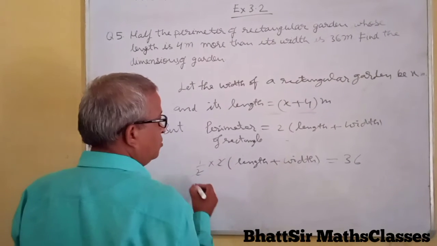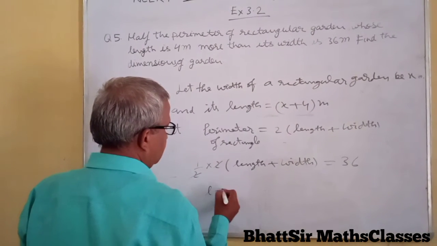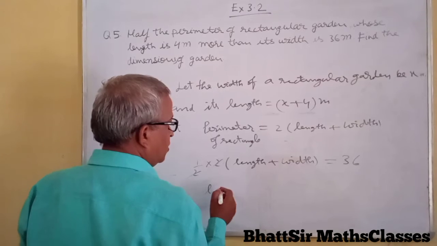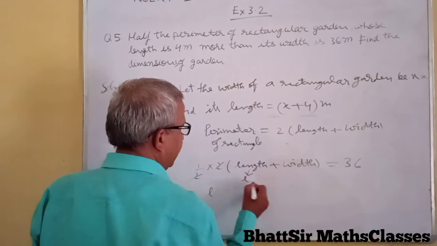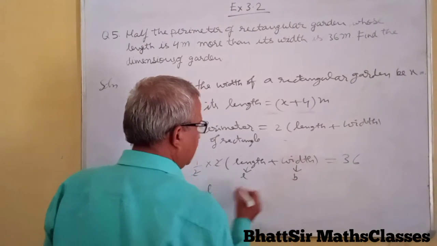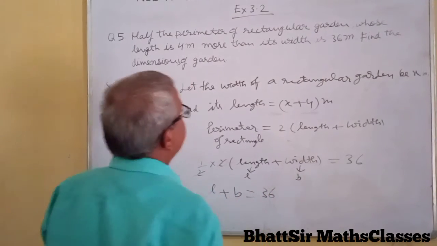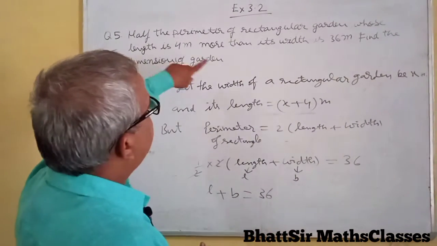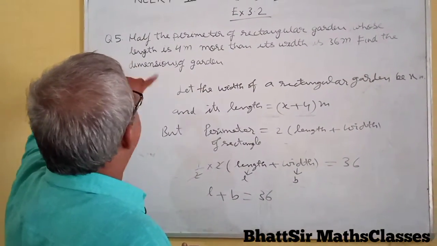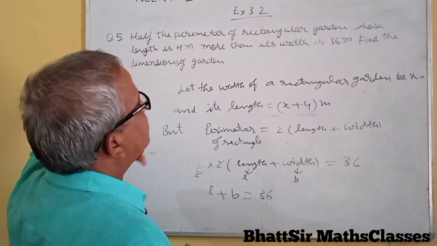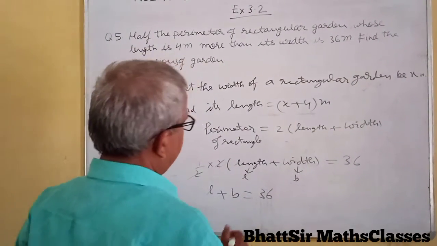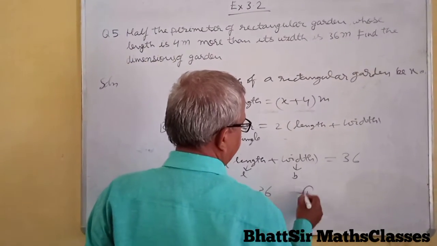So 2 cancels out. Length is denoted by L, breadth by B, so length plus breadth equals 36. Half the perimeter of a rectangular garden whose length is 4 meter more than its width is 36 meter. Okay, equation number 1.